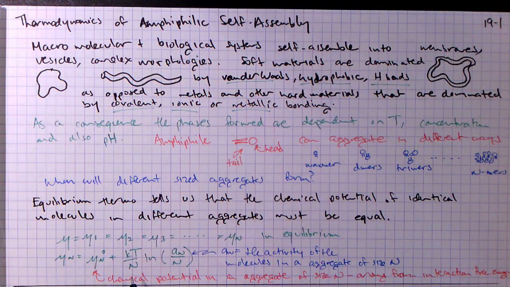This should look familiar from the problem we looked at in the Flory-Huggins model, where we said that the entropy associated with an aggregate has to go down as 1 over n as the aggregate grows because we're taking away degrees of freedom, right? Suddenly those 2 molecules or 3 molecules or n molecules are stuck to each other, and they can't explore the phase space independently as they would if they were monomers. And then similarly, we're saying that the activity of a given molecule varies with n, that it's related to how many molecules are in the aggregate. Okay.